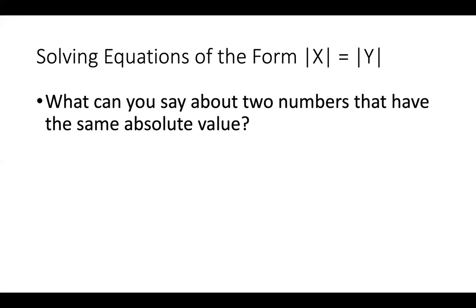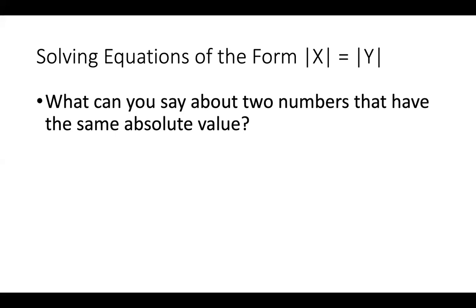Could those mystery numbers both be 3? Yes, they could, right? Could one of the mystery numbers be 2 and the other one be negative 5? No, they could not, because 2 and negative 5 do not have the same absolute value. However, could one of the mystery numbers be 4 and the other one be negative 4?